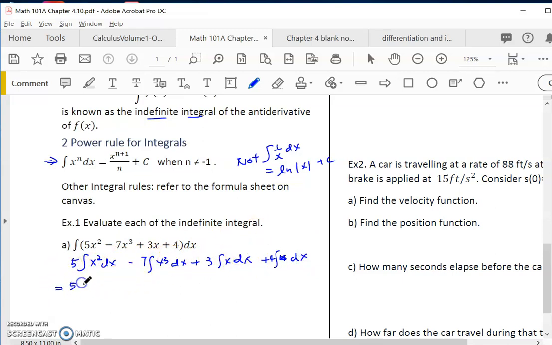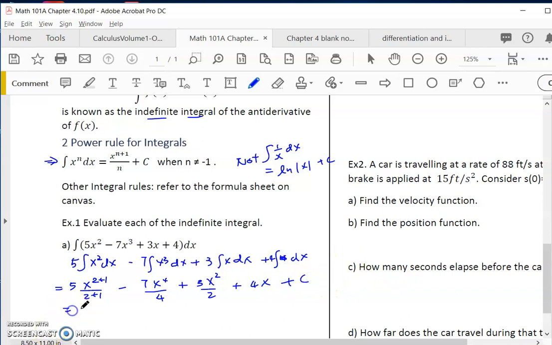So it would be 5 times x to the 2 plus 1 over 2 plus 1, right? Minus 7 x to the fourth over 4. Plus 3, with x to the 1, it is 1 plus 1, so x squared over 2. Plus what about 1? That is just x, because remember, when you do derivative, the derivative of 4x is just 4, right? And plus c.